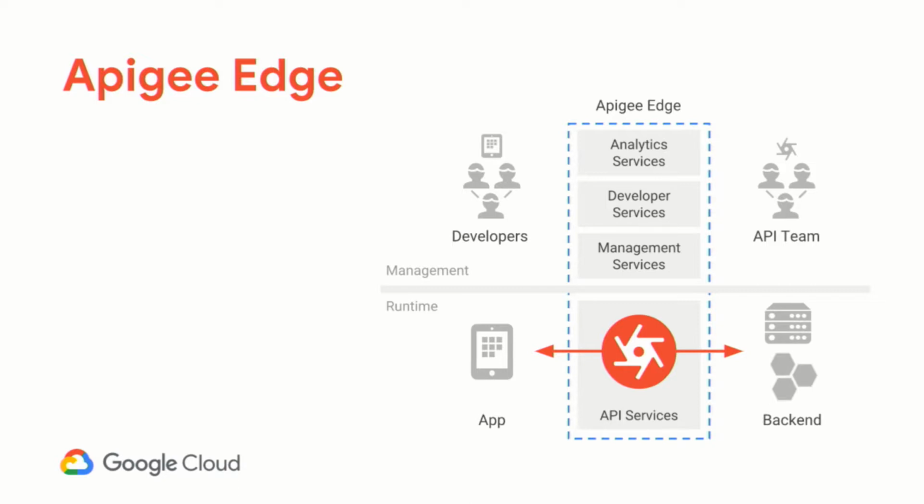Developer services is where you host a portal as a primary feature, and then that enables all of the other experiences that the consuming developer will have when they interact with your API program. And then analytics services to give you the ability to measure the program from end to end. Management services really is the foundation on which all of them are built.